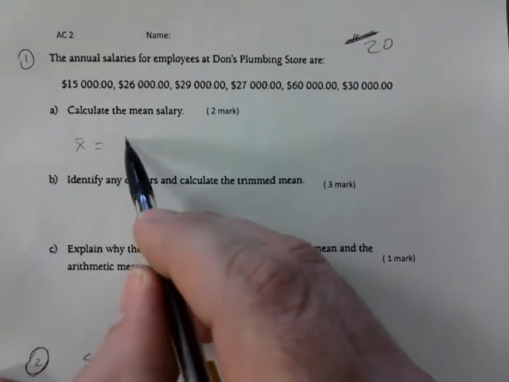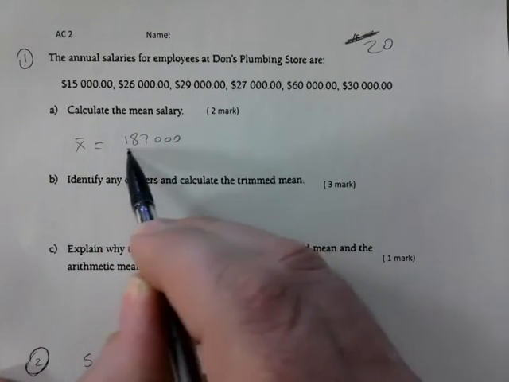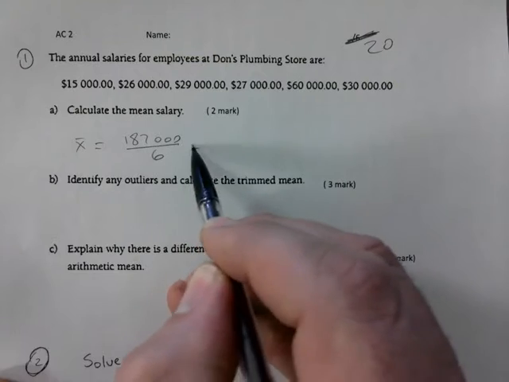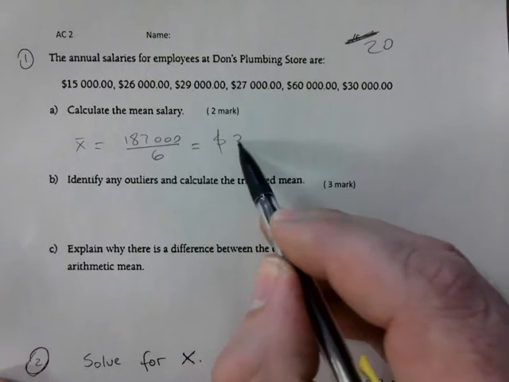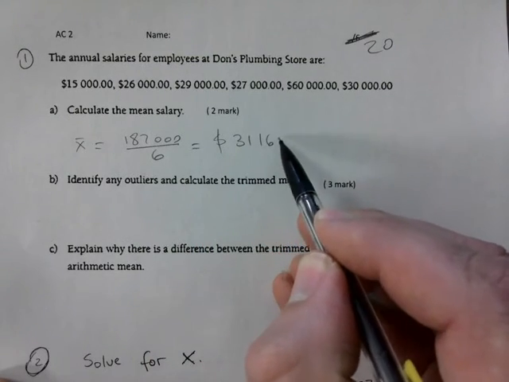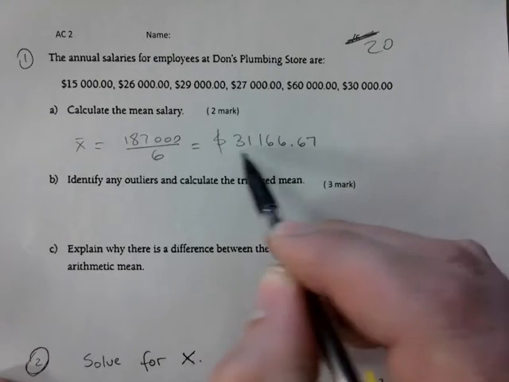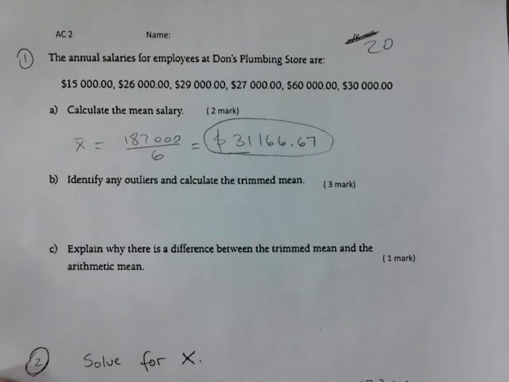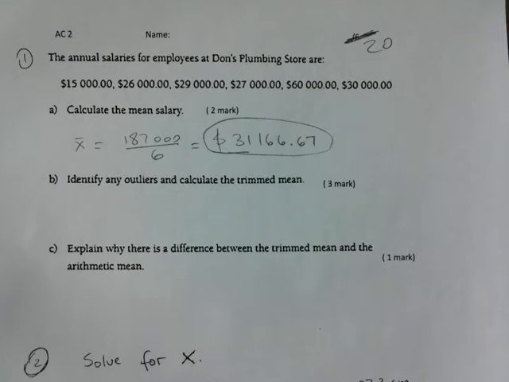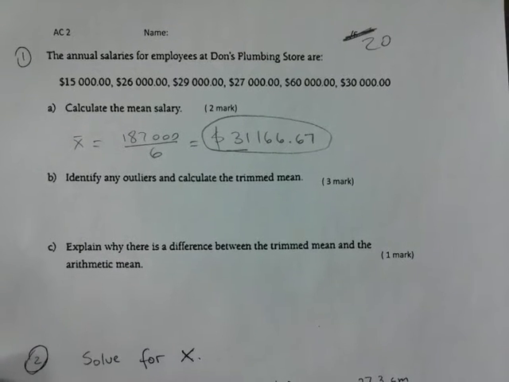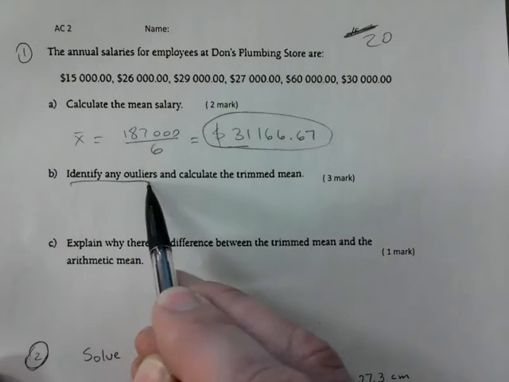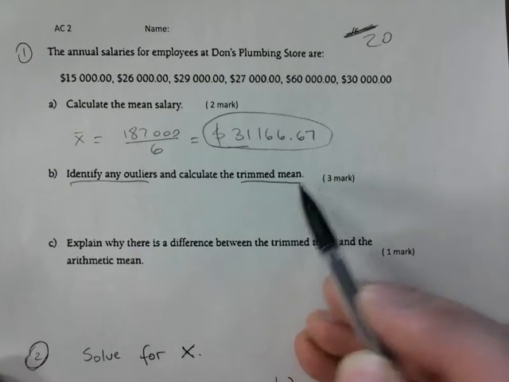You add up all those numbers, you get 187,000 divided by 6, and this is what you get if you round it correctly. Right? On average, the salaries of the employees is 31,166. No problem.